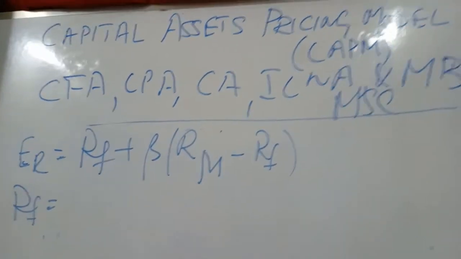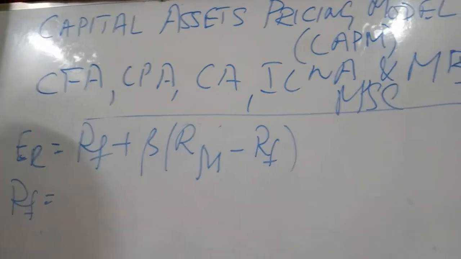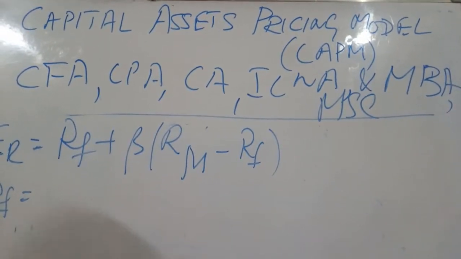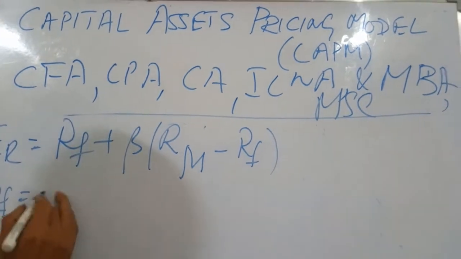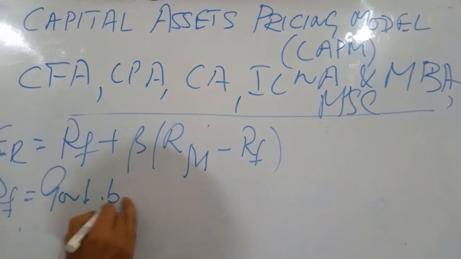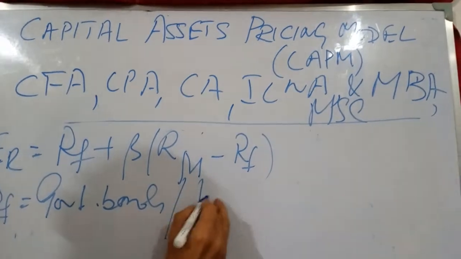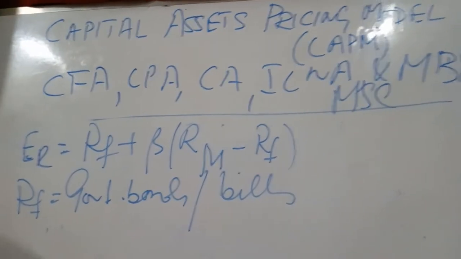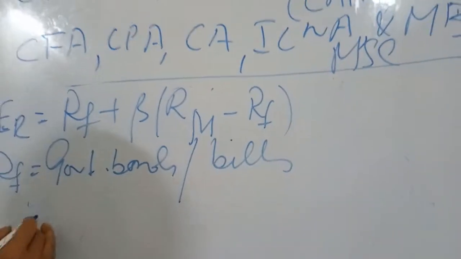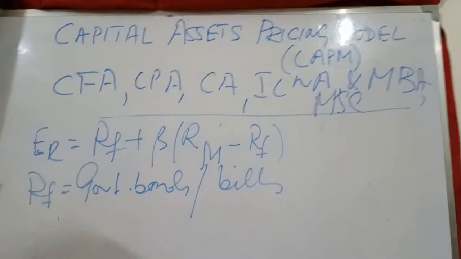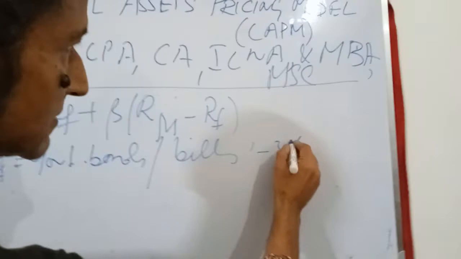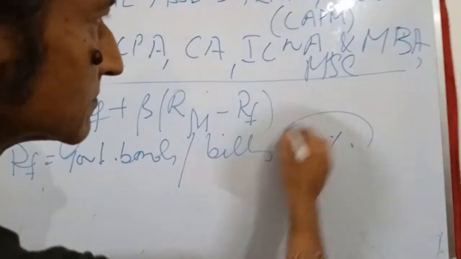Risk-free return is the return that an investor gets by investing in government bonds or government securities, treasury bills, etc. So government bonds, bills, in these cases there is no risk. The whole money is insured by the government, and a return is also insured by the government, although the return is very low. It varies from 1 to 3% according to jurisdiction.